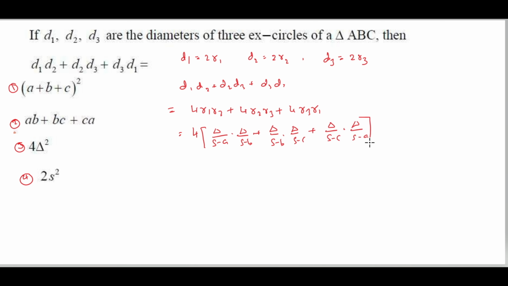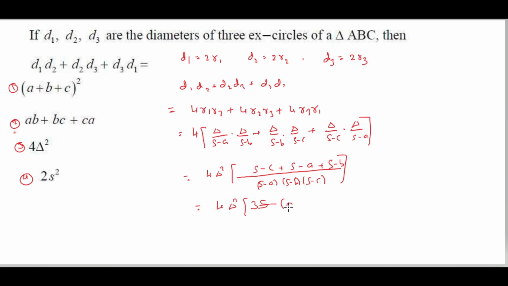that is equal to 4 into delta square common. Taking LCM, that is s minus a into s minus b into s minus c, that is s minus c plus s minus a plus s minus b, that is equal to 4 delta square into s plus s plus s, that is 3s minus of a plus b plus c.